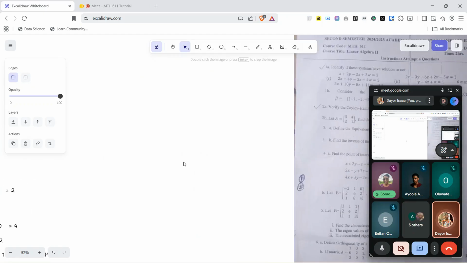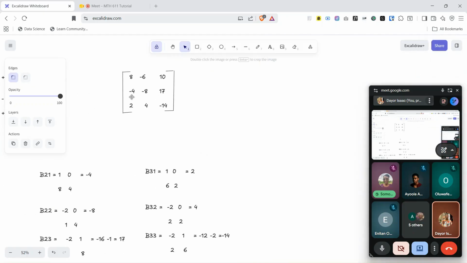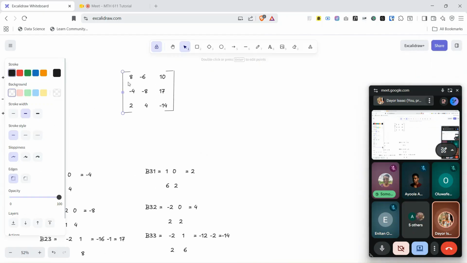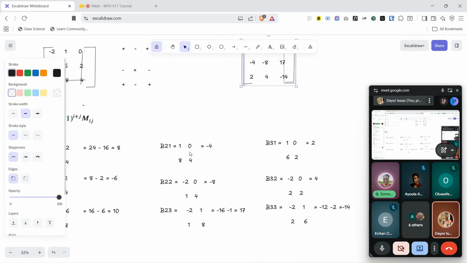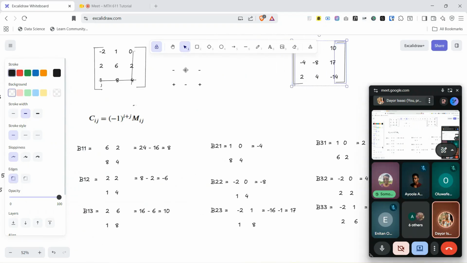Okay, if you have a question, you can just unmute your mic. Question: is B23 17 or minus 17? It is 17. Remember this rule, minus plus minus.